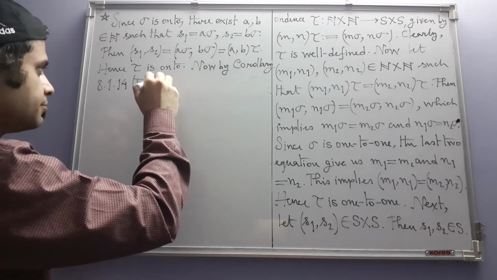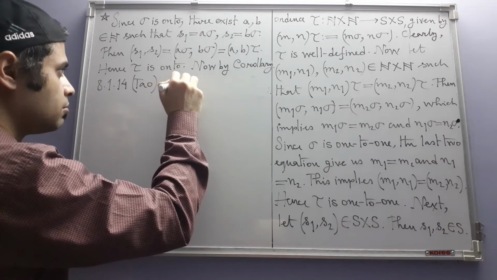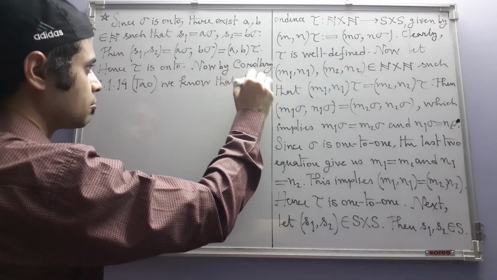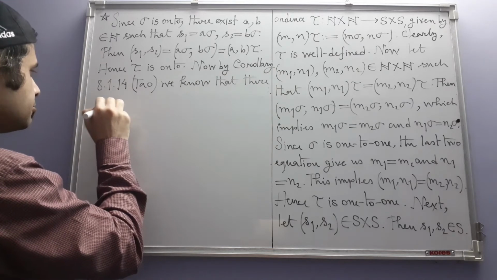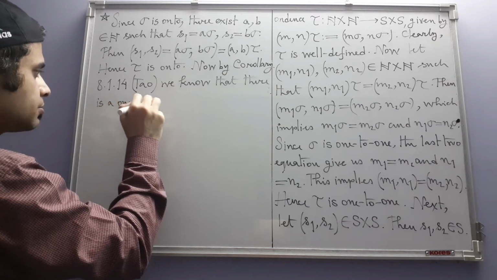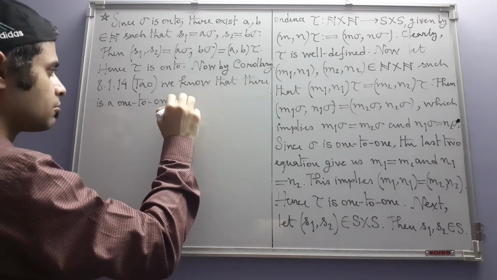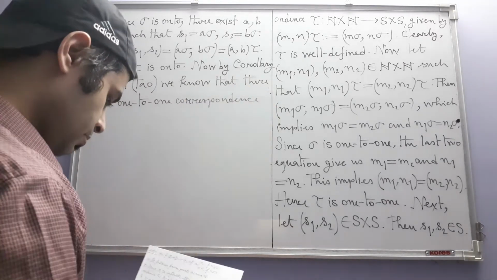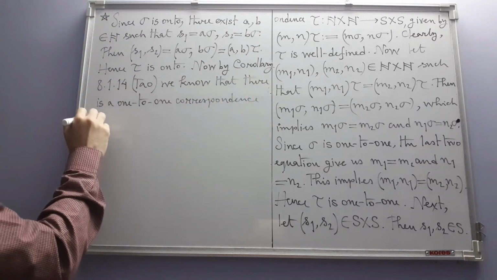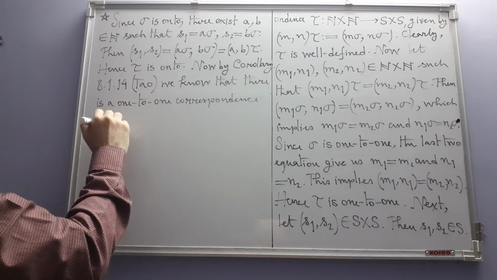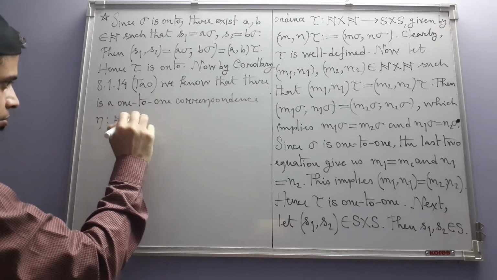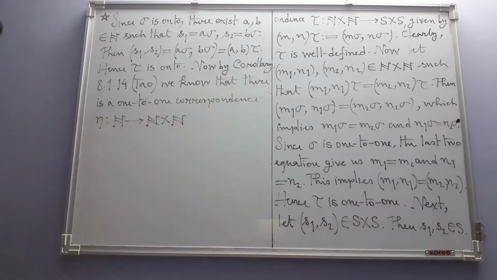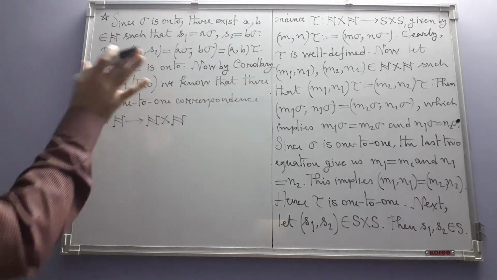We know that there is a one-to-one correspondence, say I call it eta, from N to N cross N. And what is the statement of the corollary?